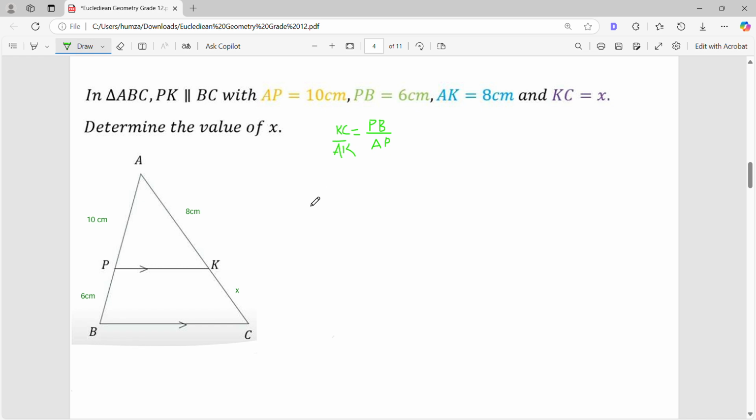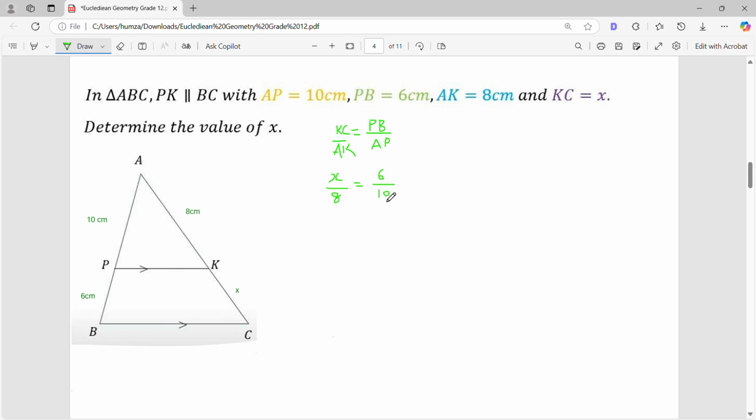Now KC is x, AK is 8, PB is 6 and AP is 10.